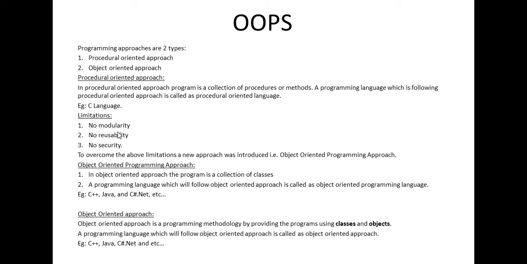The limitations are: first, no modularity; second, no reusability of the code; and third, no security. So if we use any procedural language, for example C language, we have these three main limitations: no reusability, no security, no modularity.